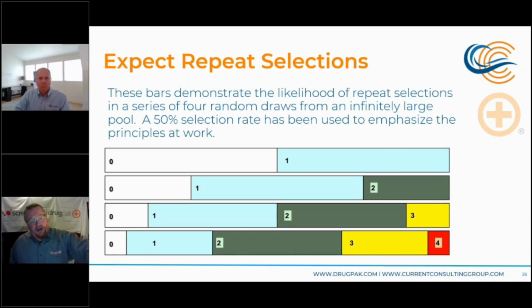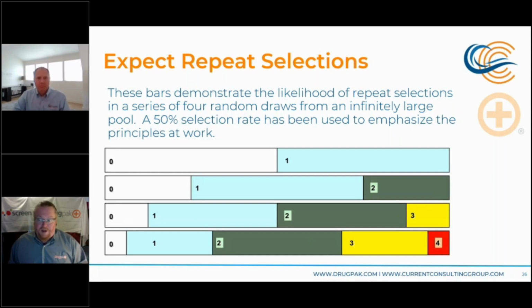But working with the 50% rate, so when our first selection begins, no one has been selected. We do a selection and half the pool has been selected one time and half the pool has been selected 0 times. Okay, so far so good. As we enter the second selection, half the pool has already been selected once.